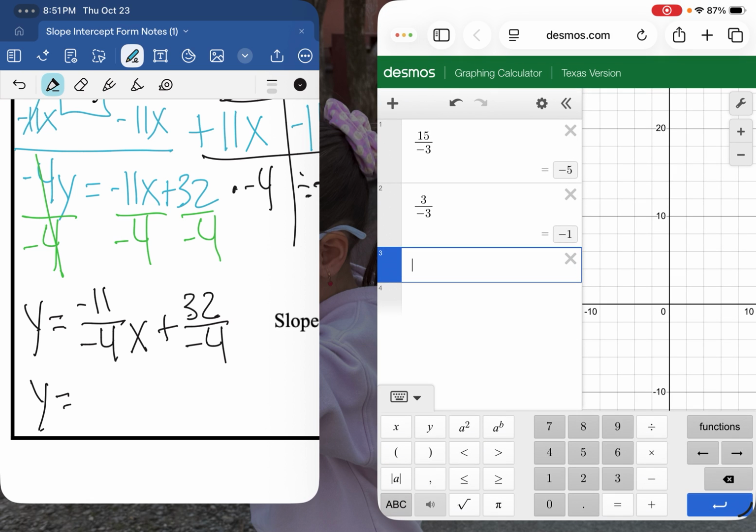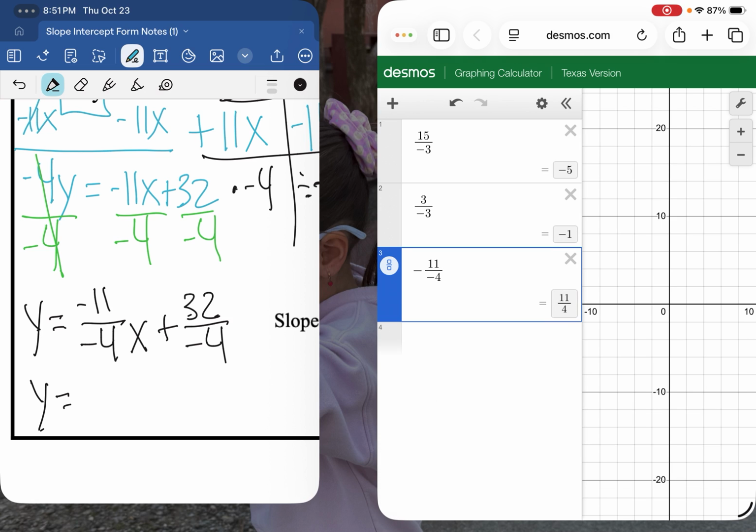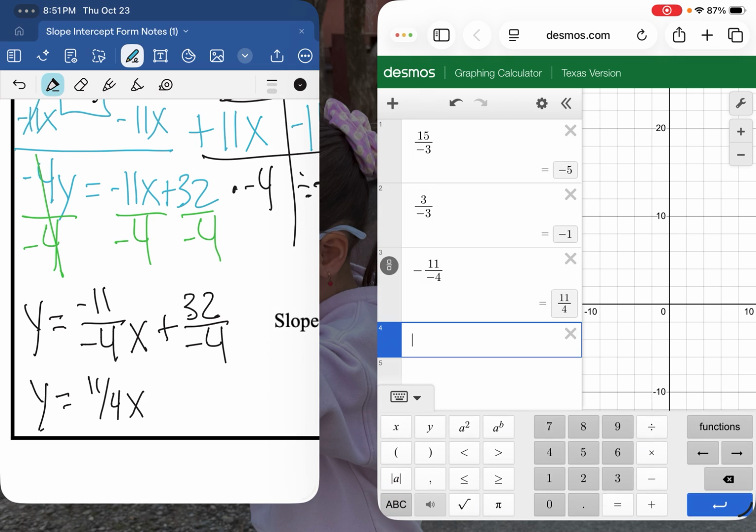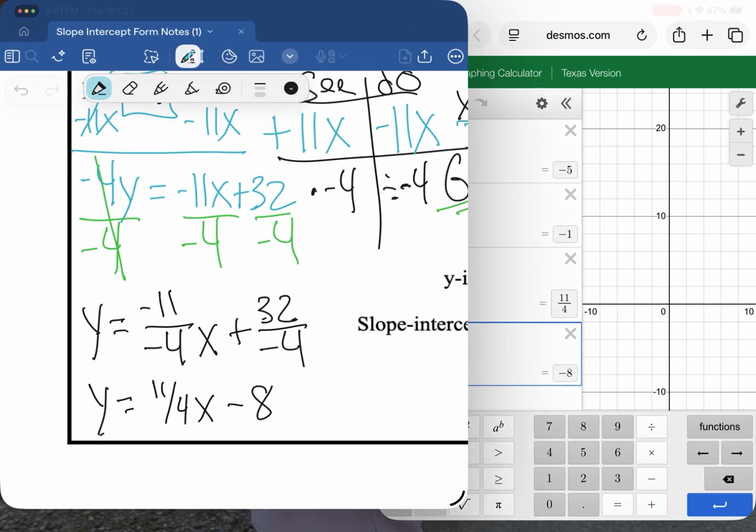So I have negative 11 divided by negative 4, and I'm going to go ahead and keep that as a fraction. So I have positive 11 over 4x. And then I have 32 divided by negative 4, and that gives me negative 8.